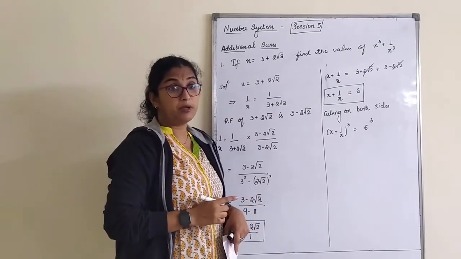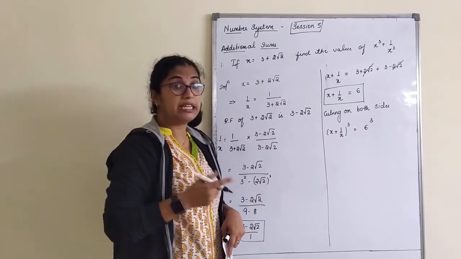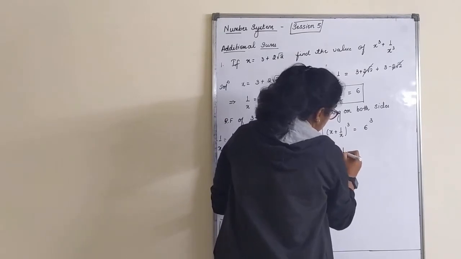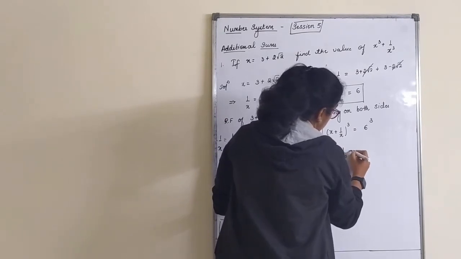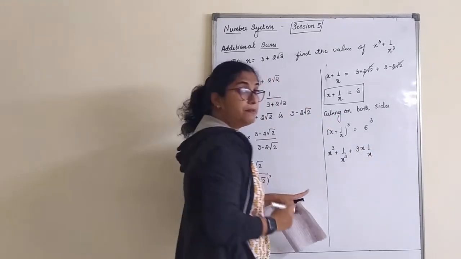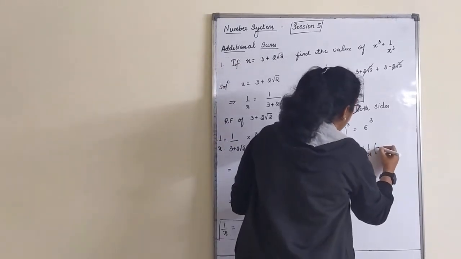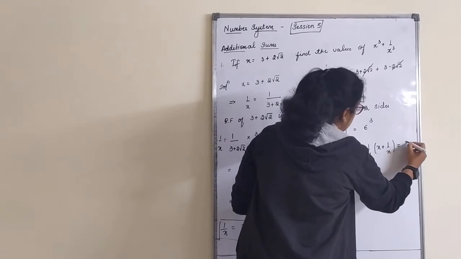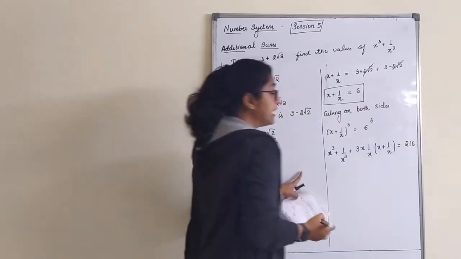Identity: a plus b whole cube is a cube plus b cube plus 3ab of a plus b. So I will write here x cube plus 1 by x cube plus 3x into 1 by x into x plus 1 by x is equal to 6 cube, which is 216.